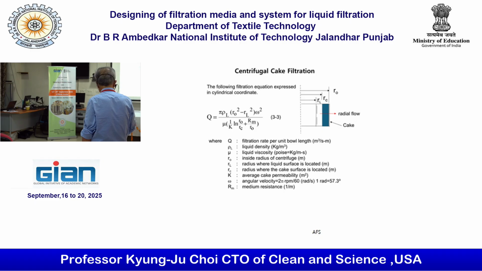The media resistance is there. So this is not that complicated an equation, but as long as when you look at the system itself, this one is probably centrifugal cake filtration. They use it a lot in the system.